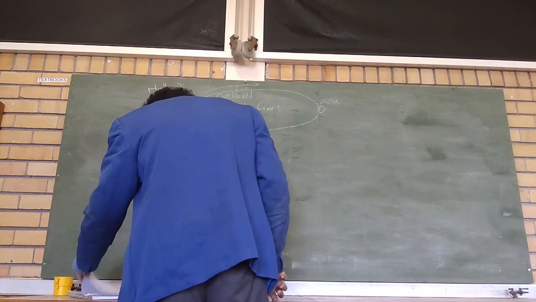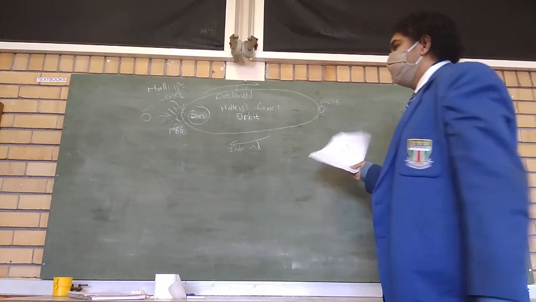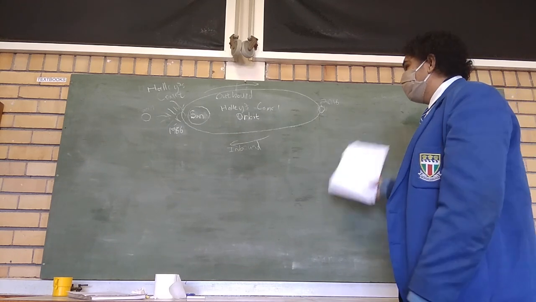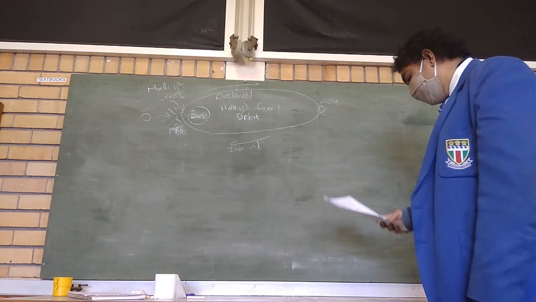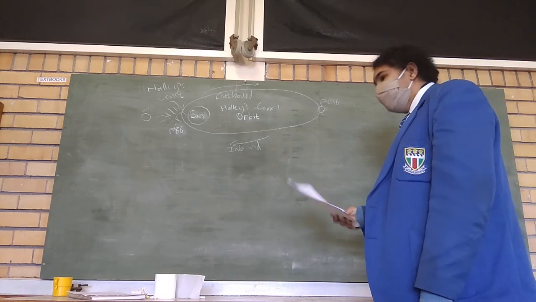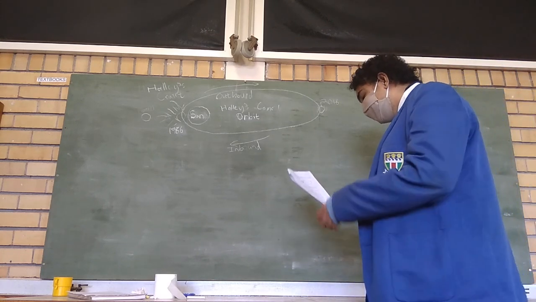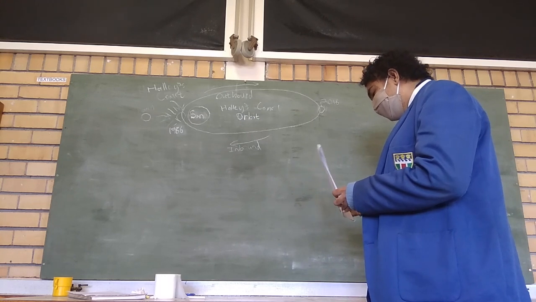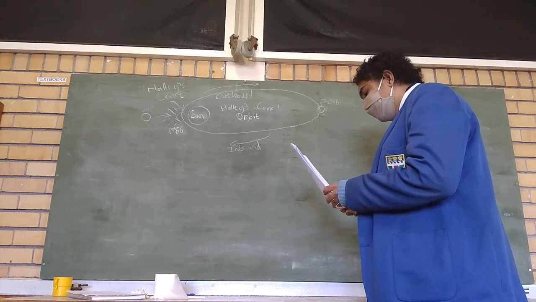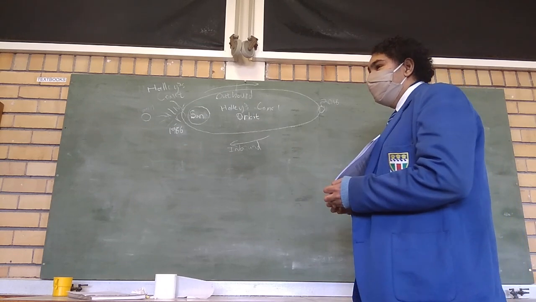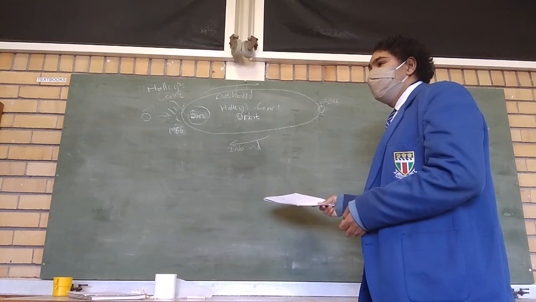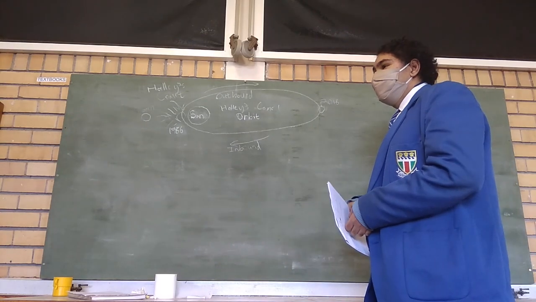So for 1 mark, 2.2.1: Is the magnitude of the force exerted by the comet on the Earth the same as, greater than, or less than the force exerted by the Earth on the comet? Answer is the same. Why? Because gravity is. Did everyone get the answer the same?